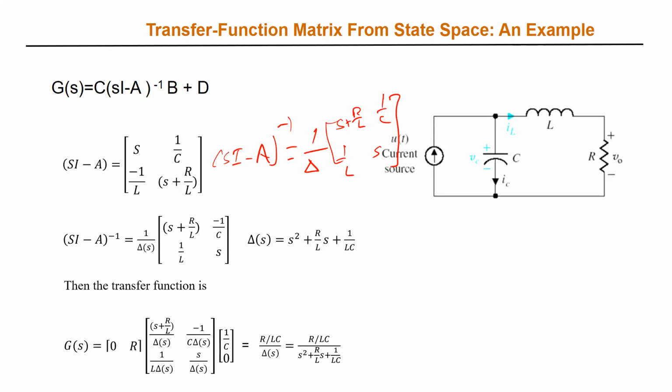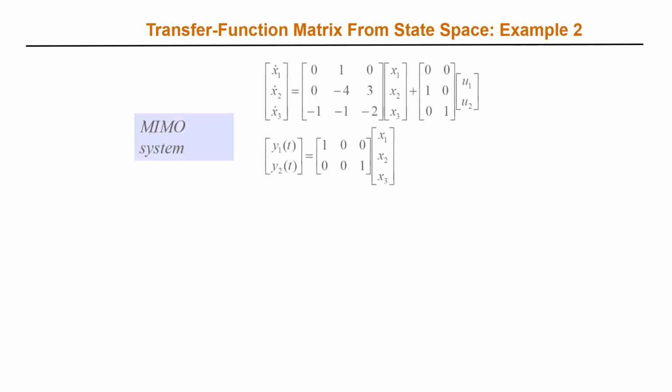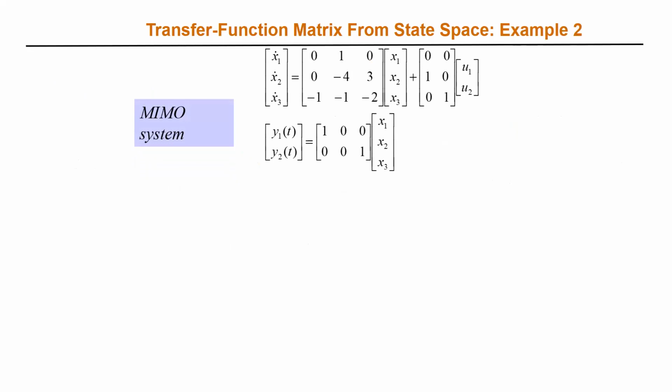As I said, the state space representation is not limited to single input, single output. Suppose I have A, B, and C, where I have 2 inputs, 2 outputs. What do you expect the transfer function size to be?